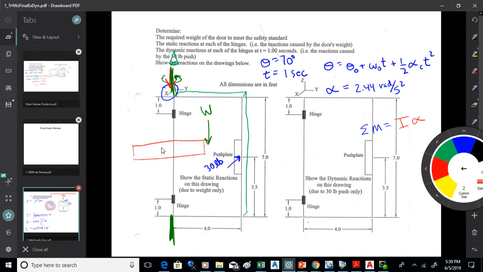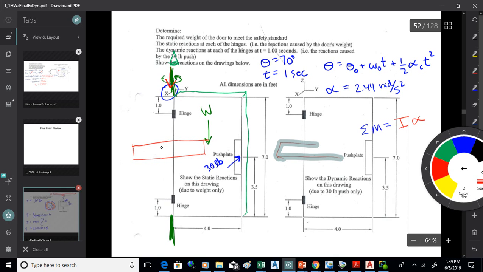Now the door is going to start horizontally, and then there will be a push exerted on the door. I'm sorry this is getting a little messy in here. I've got a lot of stuff in here, but I just want to illustrate something kind of simple. The door is going to open up to a 70-degree position. It's going to swing around like that.